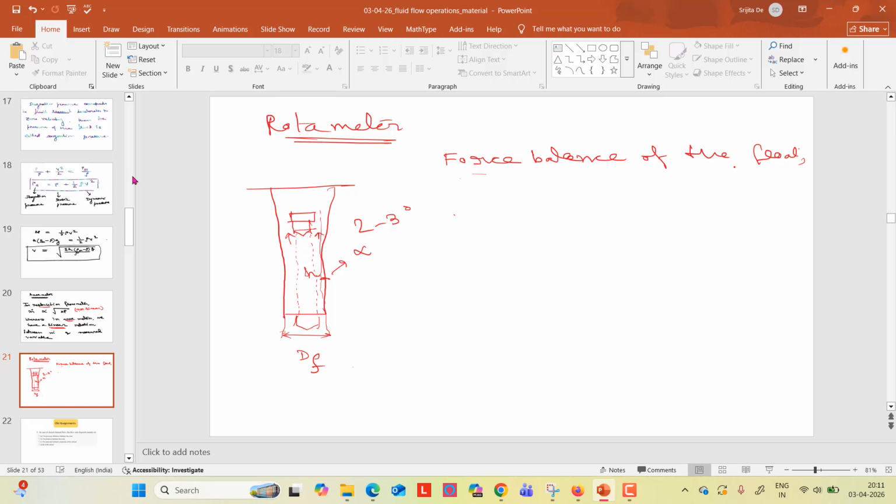First it has its own gravitational weight, so it is the mass of the float and its acceleration, gravitational force. Then the buoyancy force, which is coming from the fluid.